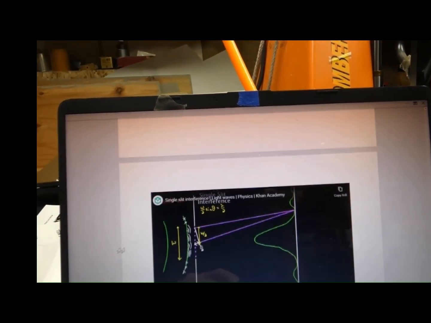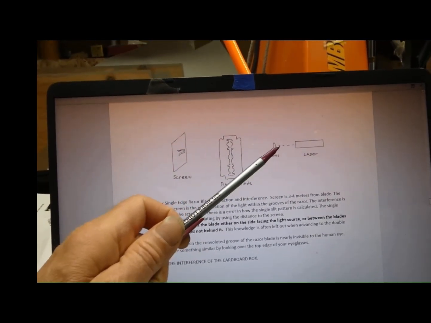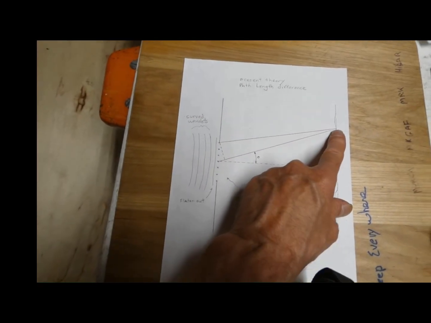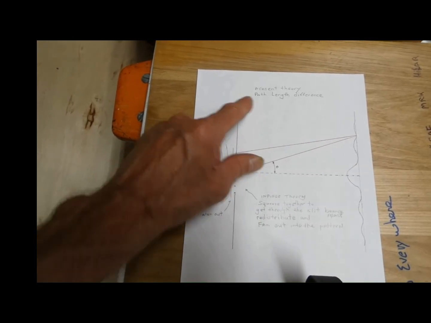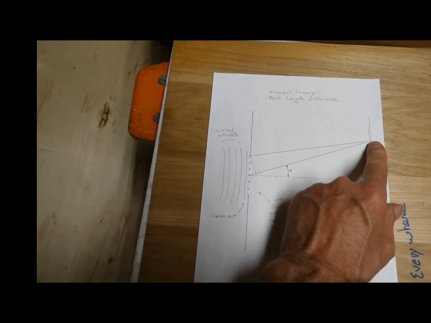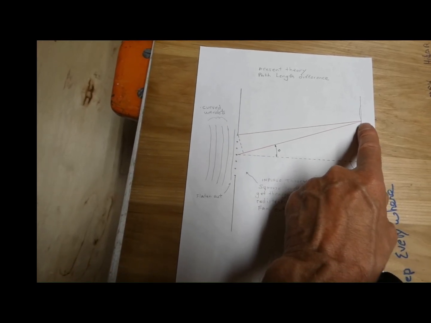Also, we got a similar thing with a razor blade. This is laser, lens, a razor blade, and the screen. The present theory explains the pattern by the path length difference. When you measure the difference between one point to the other, if it's off by a half wave, it's destructive interference.